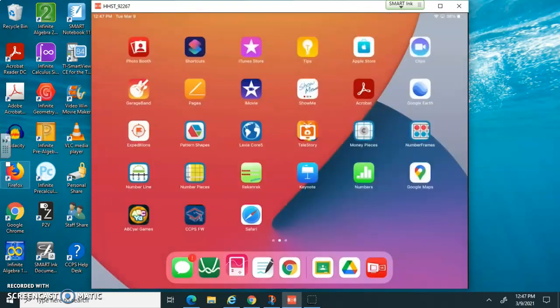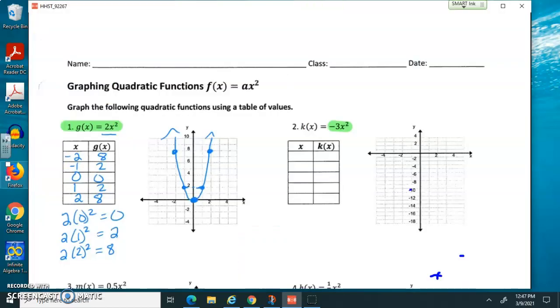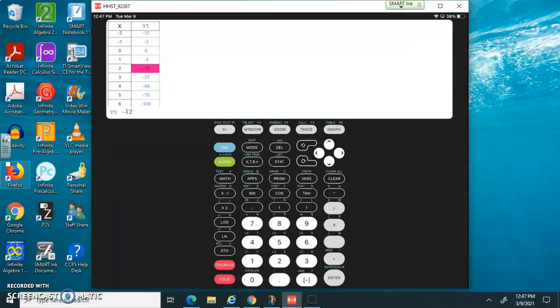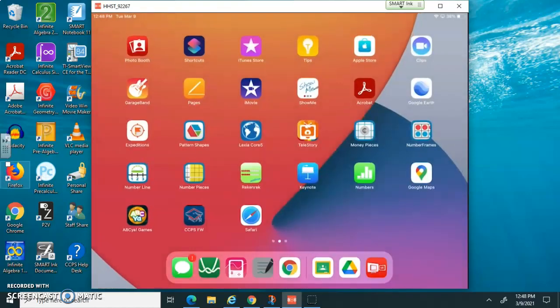Okay, so let's go back to our notes. So we have 0, 0 is our vertex, negative 1, negative 2, that's 2 to the left, 1 and 2. Now if you don't remember, we'll go back to the calculators. So here's our vertex, and then we have negative 3 and negative 12 as the reflected.